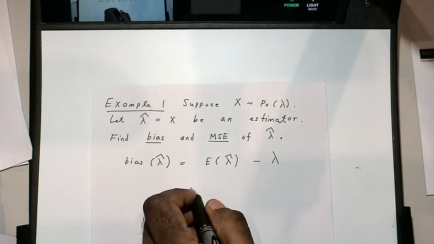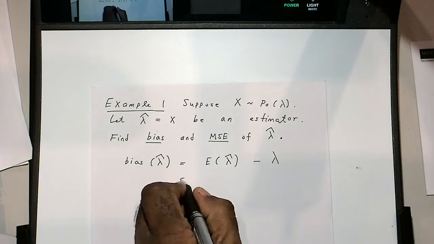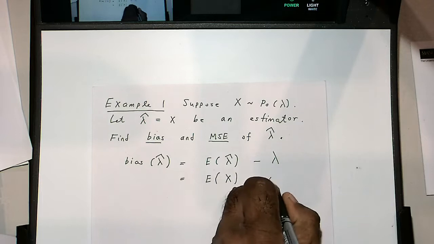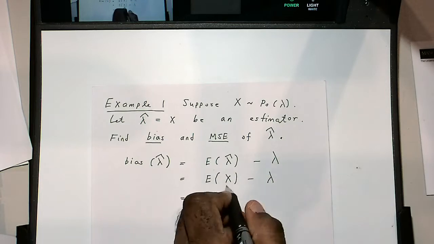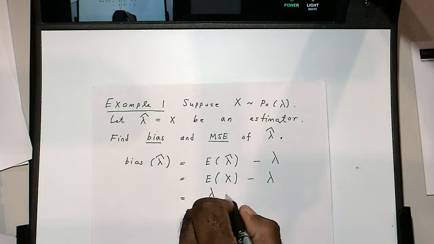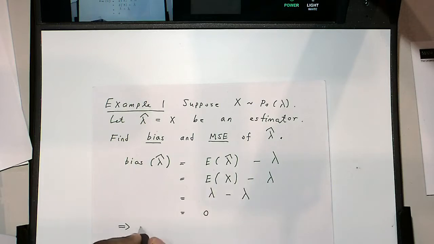Using the definition on the page, this is the expectation of x minus lambda. Now, x has a Poisson distribution. Do you remember from probability 1, what's the expected value of Poisson? Lambda. So this is lambda minus lambda, so this is 0. What this implies is that lambda hat is unbiased, which is a good thing.